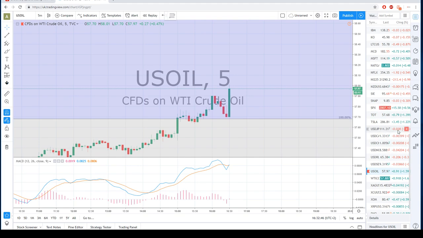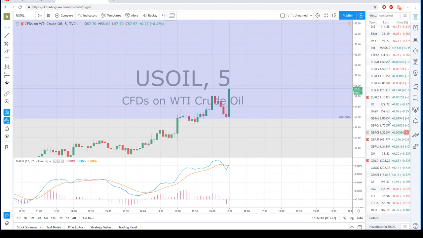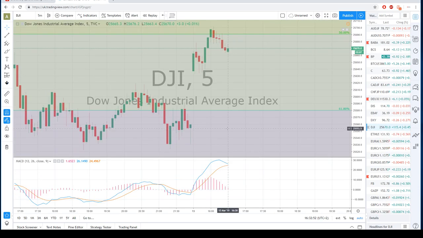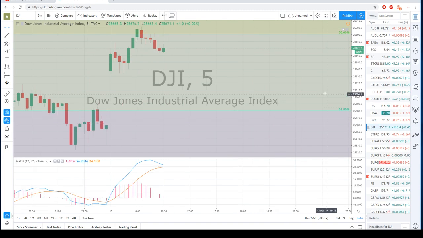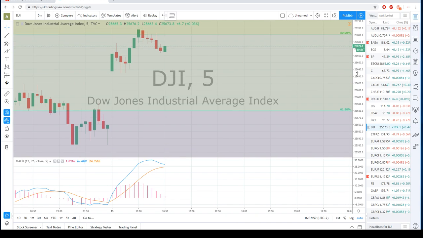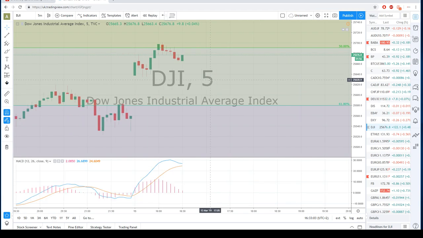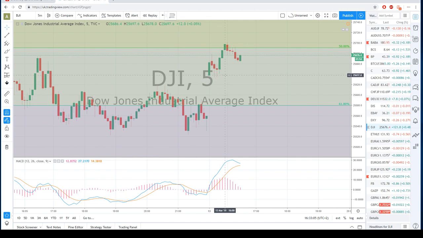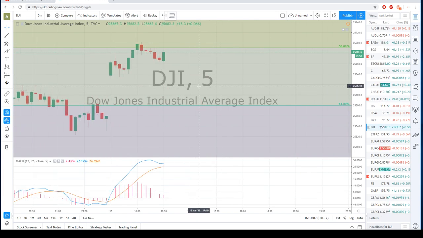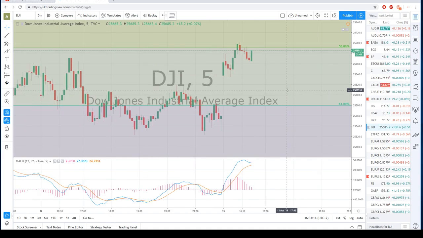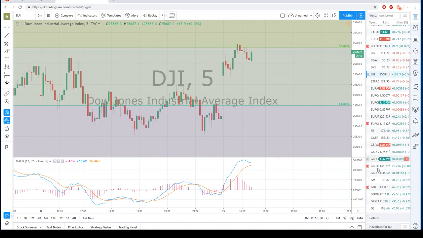And also the asset that recently I found really interesting for trading is Dow Jones. Dow Jones is also showing a small upward movement, which corresponds to what we have on the oil.